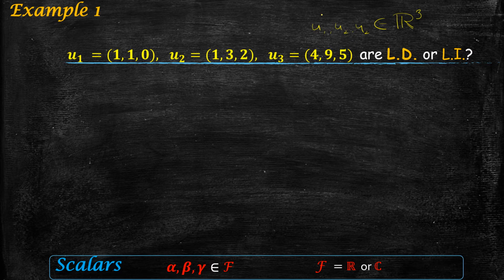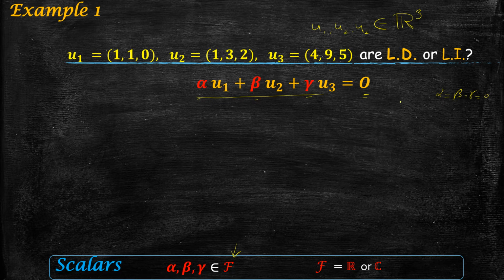I will write here the linear combination of these vectors, alpha u1 plus beta u2 plus gamma u3, where alpha, beta, gamma are the scalars from field F, and I will put this linear combination equal to 0. Now these vectors u1, u2, u3 will be linearly independent if alpha, beta and gamma all are 0.